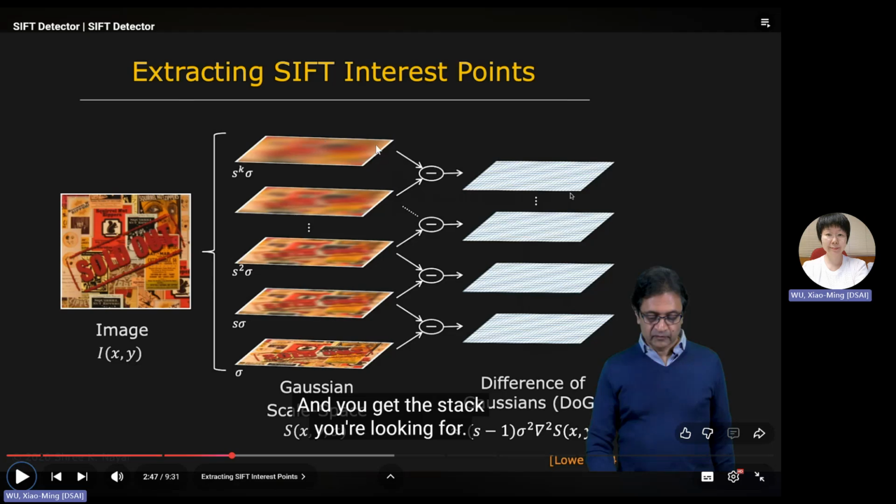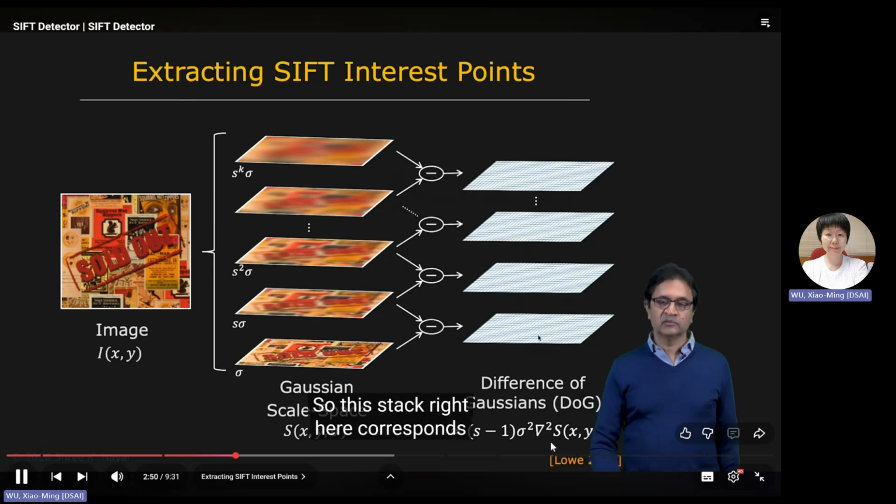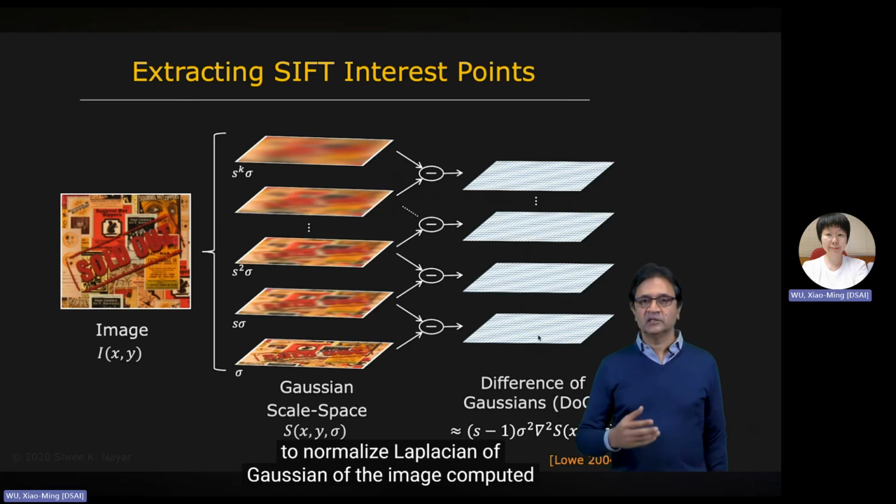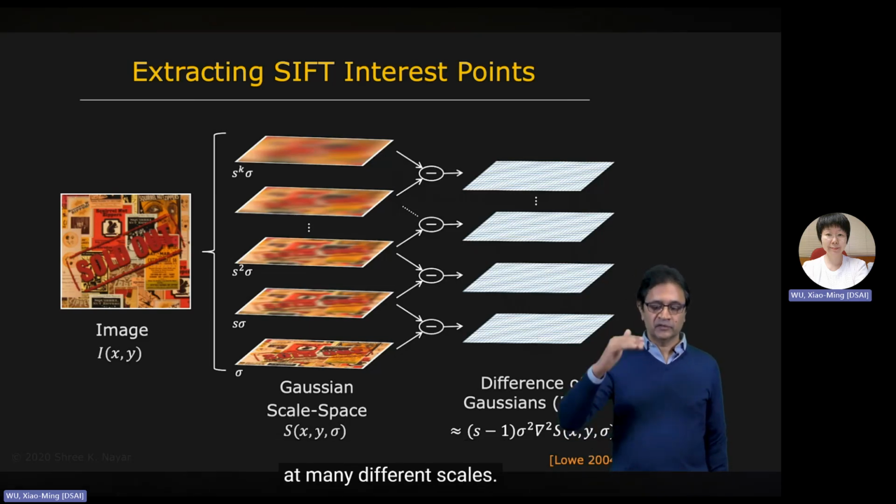And then their subtraction will give the approximation of LoG. Now this is the response map. So this stack right here corresponds to the normalized Laplacian of Gaussian of the image computed at many different scales.